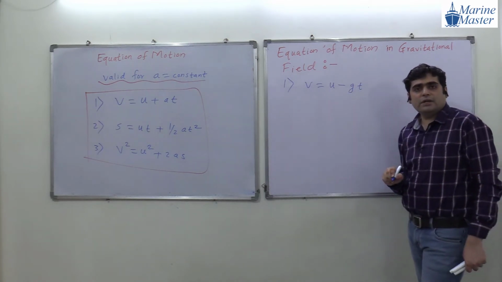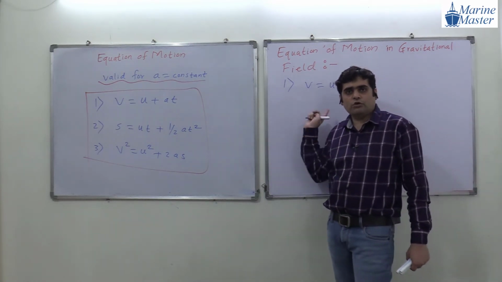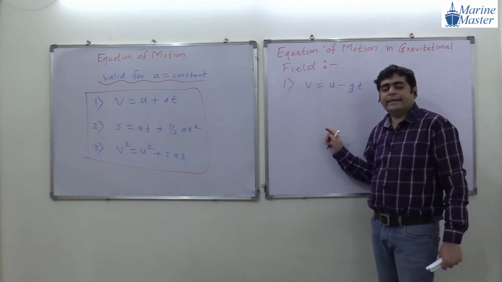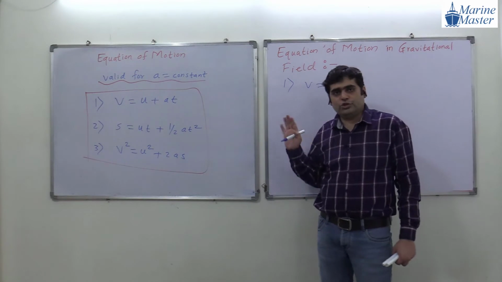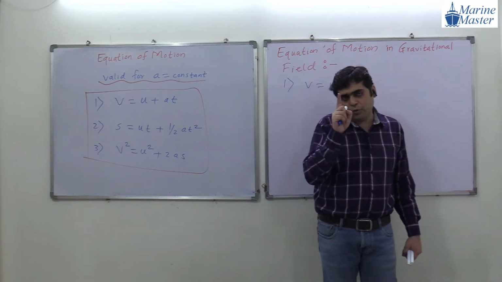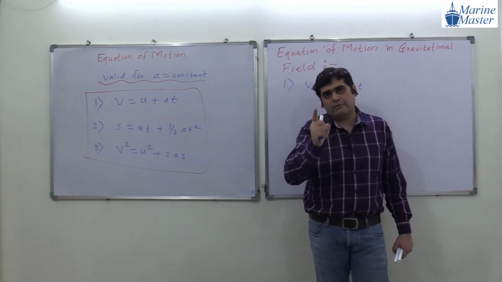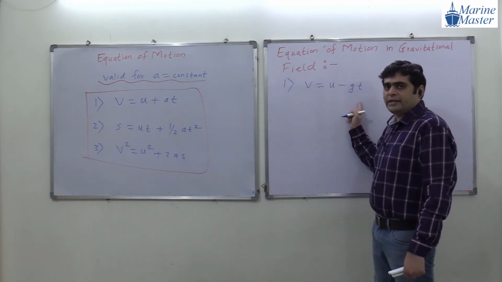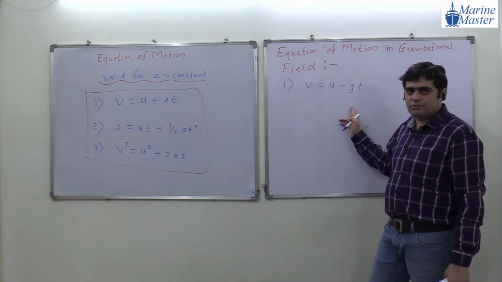Strictly you have to follow this, because we need it while dealing with projectile motion also. In projectile motion only one force acts on the object, and that is the gravitational force. So v is equal to u minus gt.